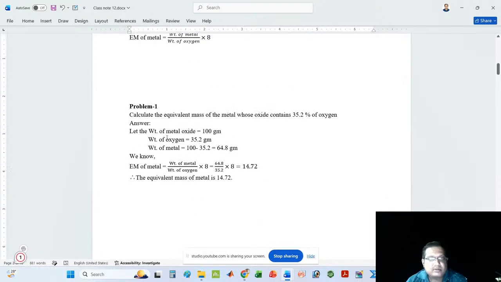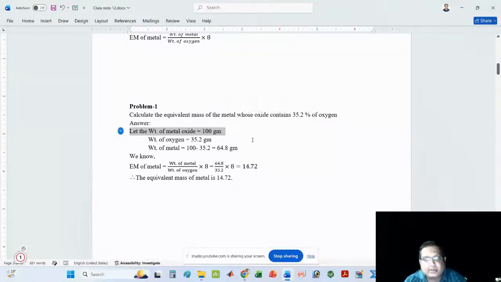In the chloride method, you find the weight of chlorine, but here you will find the weight of oxygen. In the chloride method, you wrote weight of metal chloride, but in the oxide method, you will write weight of metal oxide. Let the weight of metal oxide be 100 gram.